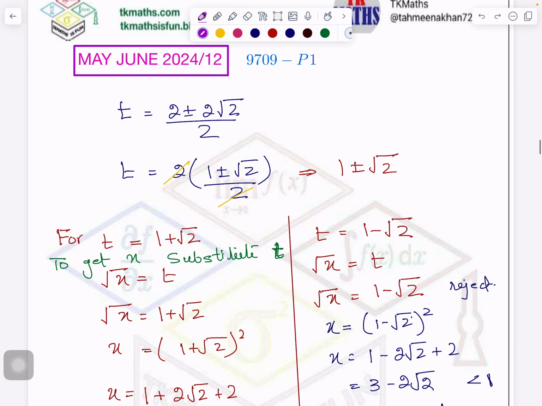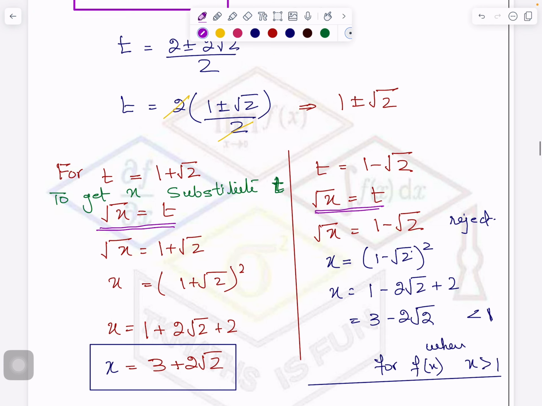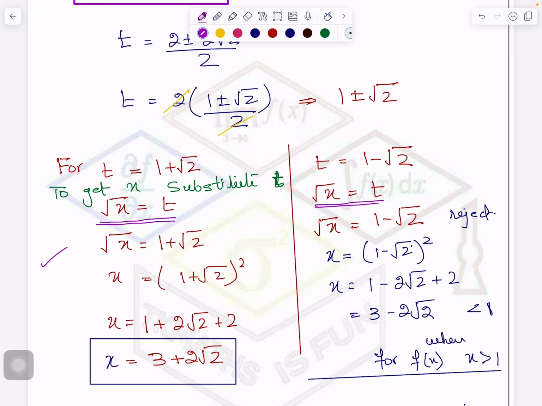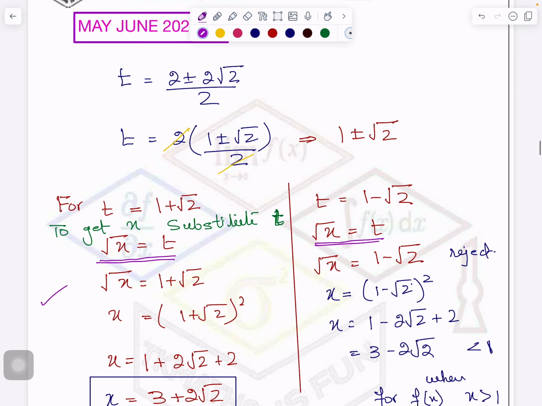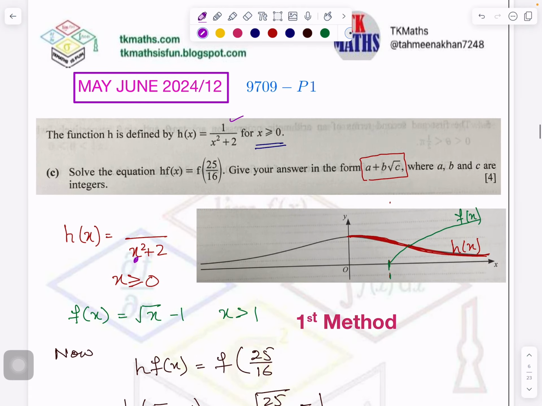So now these two values of t I will substitute back in the substitution which I have taken initially to get the value of x. So left hand side, if you see first, it's fine, and I'm getting x value 3 plus 2 root 2. Now don't forget here that your inside function is h of f of x, and the domain of x was given to you as greater than 1.